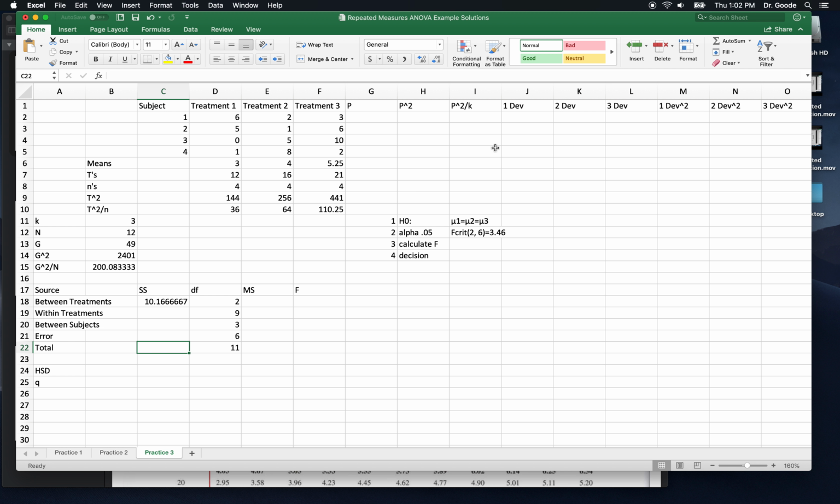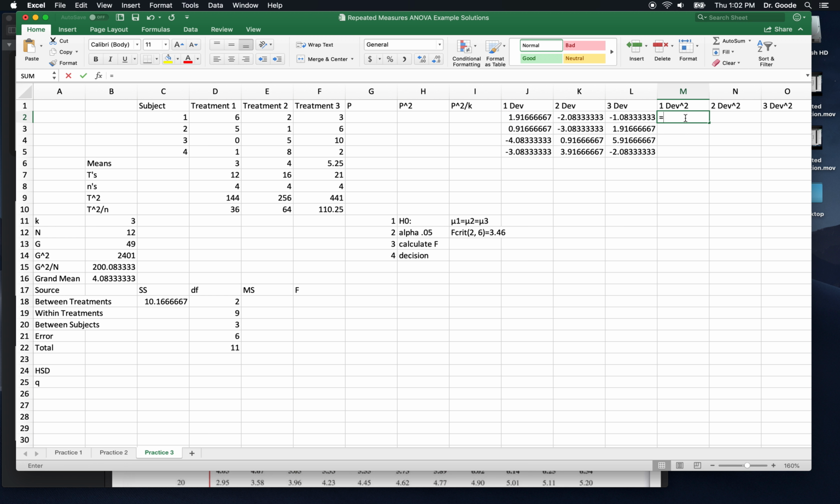To do total sum of squares, that's the total of the squared deviations of every score from the mean of all the scores. So let's get the grand mean, the mean of all the scores, as the average. Now we can get deviations for each treatment score. So it's this minus the grand mean. But we want to make sure we're always referencing the same grand mean for every one of these scores.